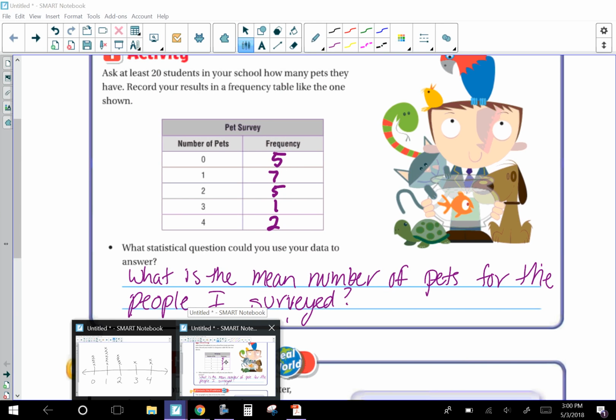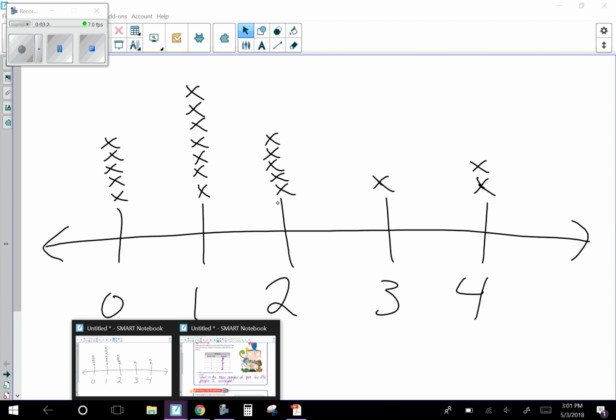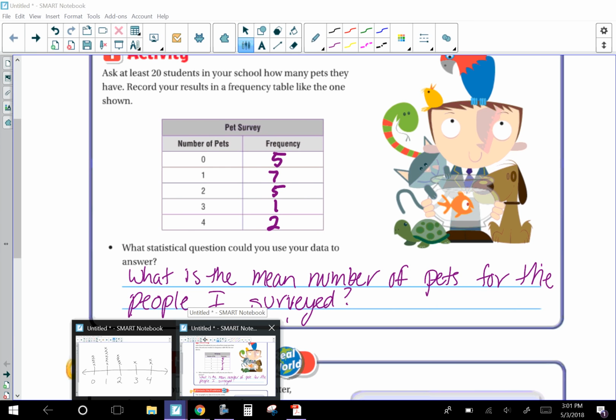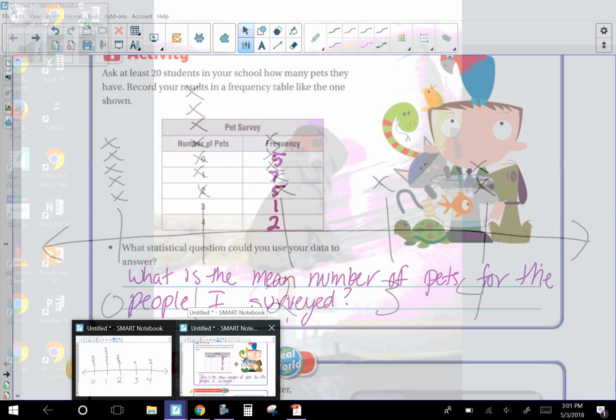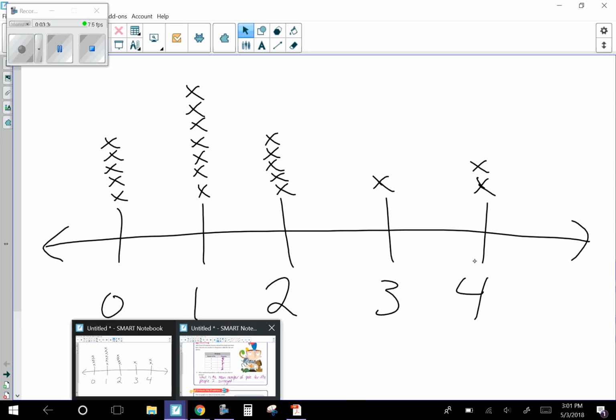And then I have 5 on 2, so 1, 2, 3, 4, 5 X's above 2. 3, I should have 1. There's 1 above 3. And 4, there should be 2: 1, 2. So that is an example of a dot plot for that.